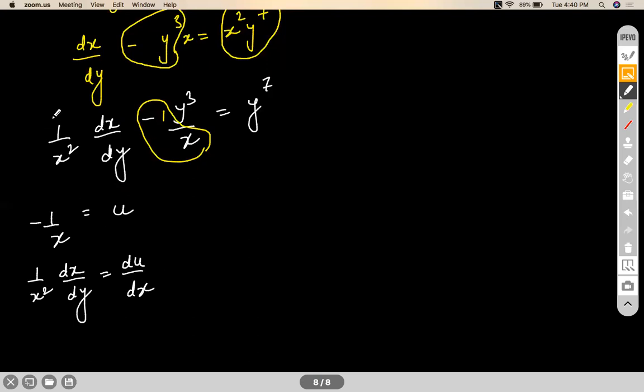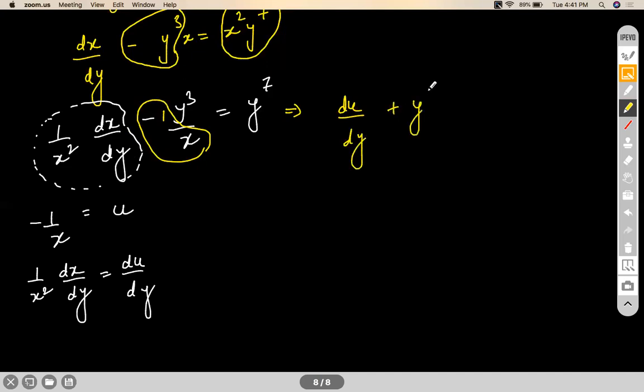So this whole term over here will start behaving as du by dy. So this entire expression will convert to du by dy, plus y cube into u, and this is nothing but an LDE. This is a case of an LDE.